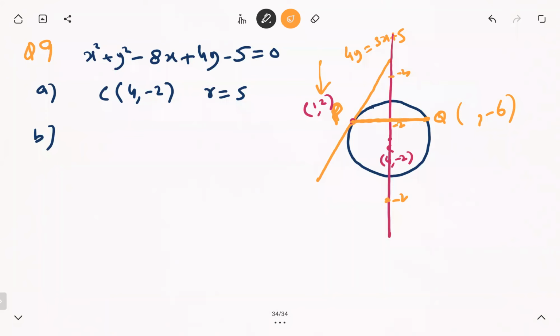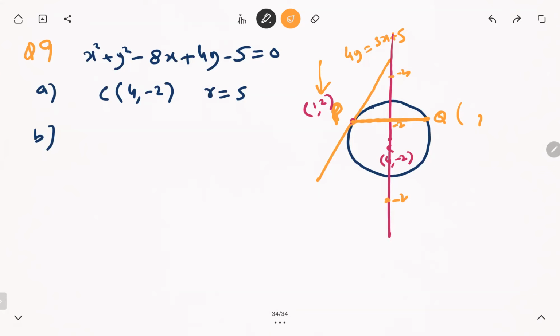Why are you saying that? P is 1, 2. Okay. Y remains the same. Sorry, my bad. What I am telling you is itself wrong. Thanks for the correction. So the y coordinate will stay throughout the same. So your y coordinate is -2.